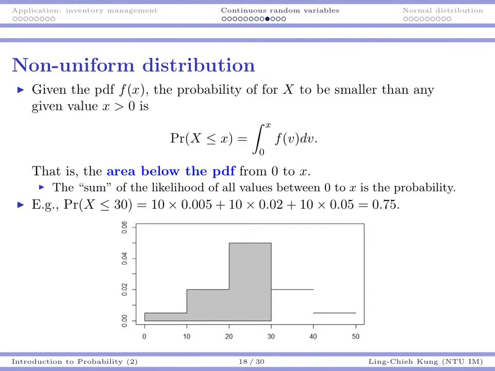Just to remind you, capital X is our random variable, so you don't know what its value is. That's why when we talk about it, we talk about some kind of probability. But a small x is a given number.